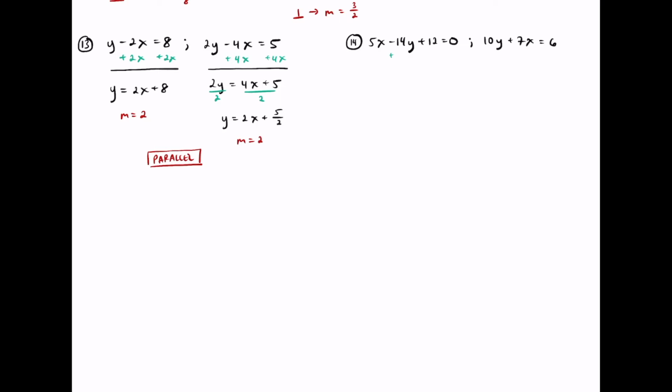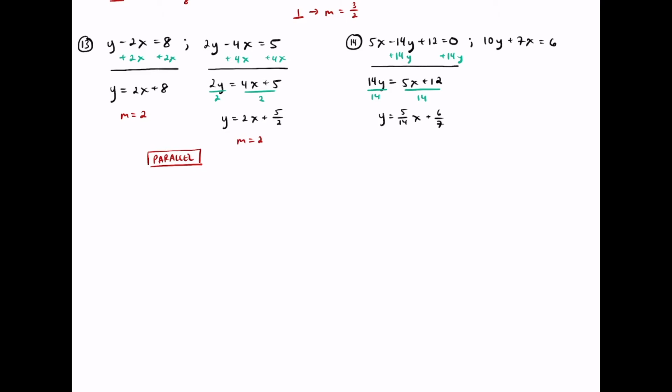I think the easiest thing to do for this one is get the y's to the other side so that it's by itself. So 14y is equal to 5x plus 12. And then if we go ahead and divide everything by 14, we're going to see y is going to equal 5/14 x plus 6/7.